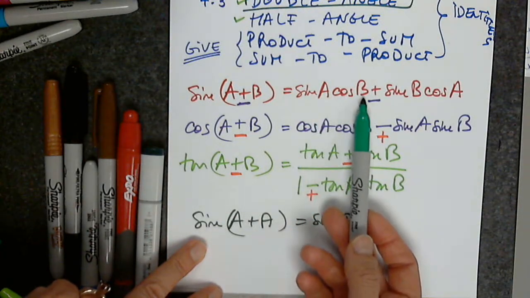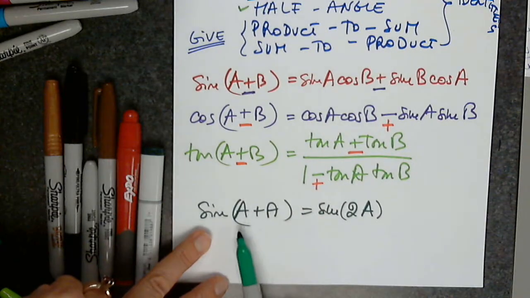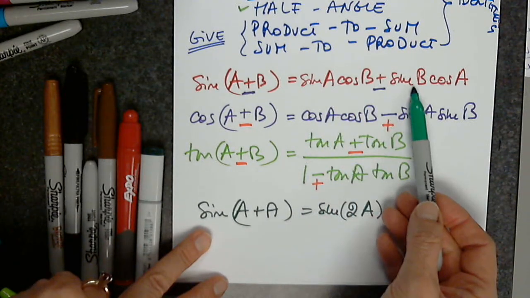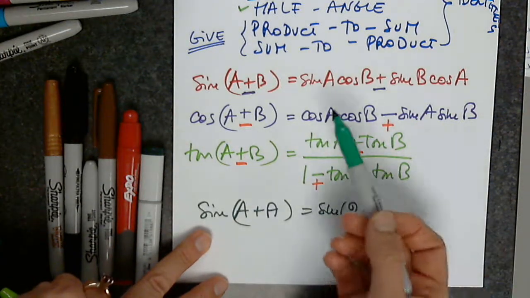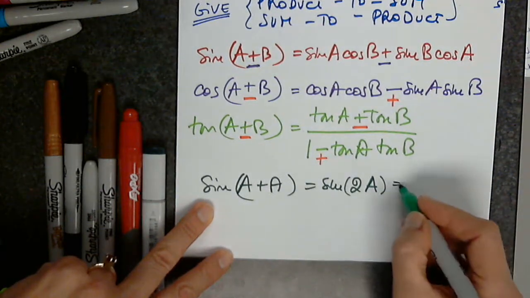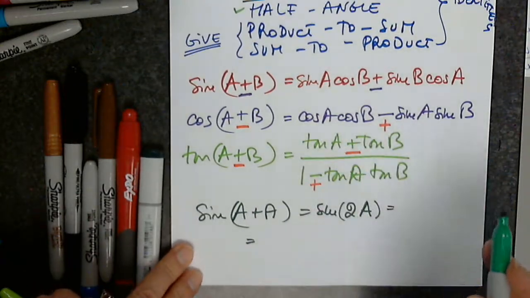Now, I would like you to discover this formula for us. Sine A cosine, there is no B. Right? Sine A cosine A plus sine A cosine A means? How much is an apple plus an apple?